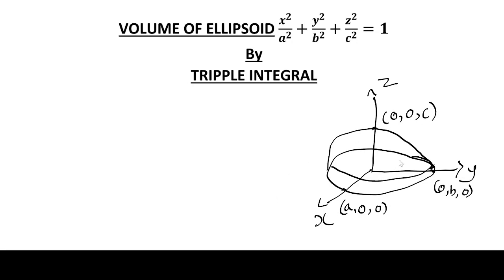Now this ellipsoid, you can observe, is a symmetrical structure with respect to the YZ plane, XZ plane or XY plane. Because it is symmetric with respect to all these three planes, we can write volume of ellipsoid is equal to 8 times volume in first octant.